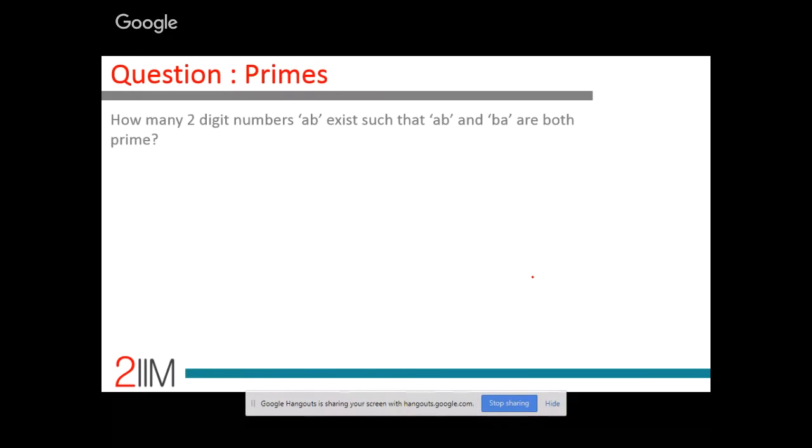Try this one. How many 2-digit numbers AB exist such that AB and BA are both prime? The 2-digit number AB is prime, so is the 2-digit number BA.